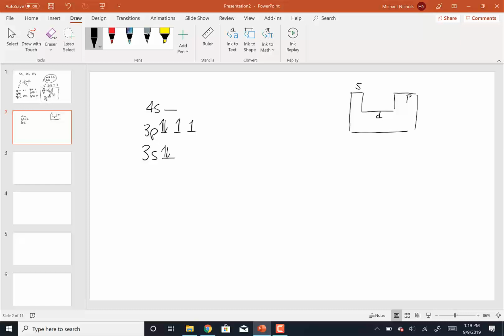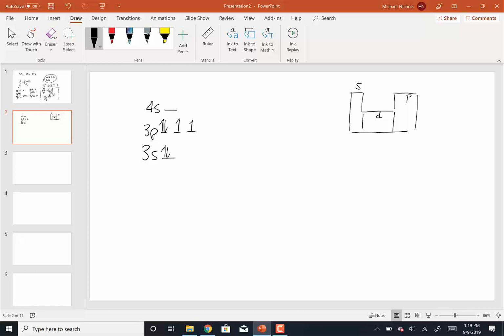So once I fill up the 2p, I go to the 3s, then I fill up the 3p's, then I go to the 4s, and then I'm in the 3d's, because the transition metals are always one behind.